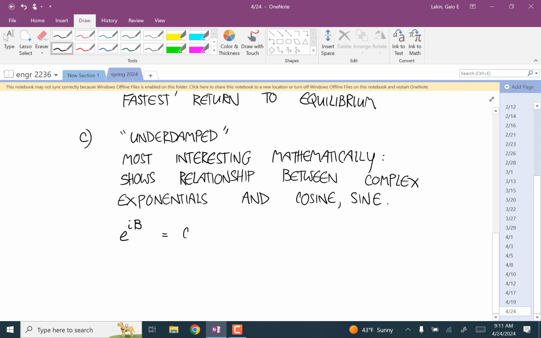This is equal to the cosine of b plus i times the sine of b. It's the kookiest, wackiest thing, and it's super, super useful, especially in control systems and electrical engineering, but we're going to see it here in oscillating systems. That's definitely top 4. Okay, yeah.